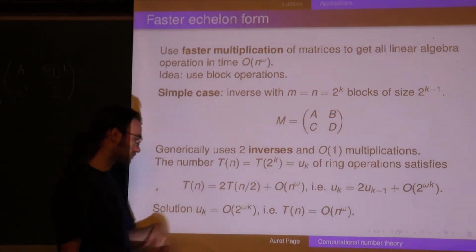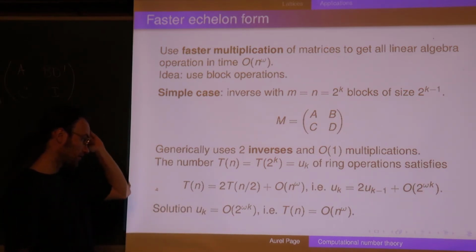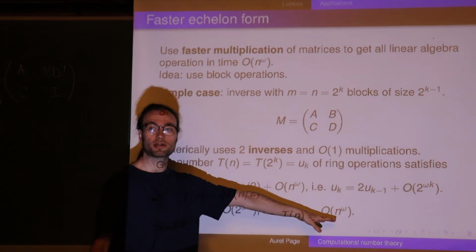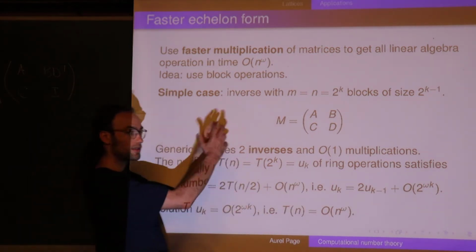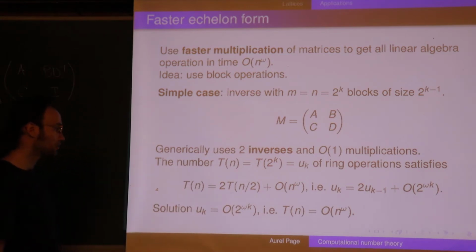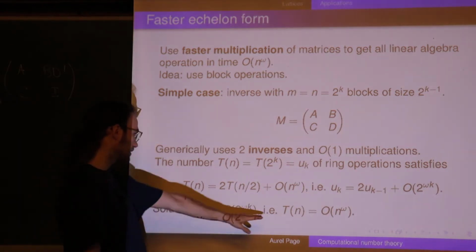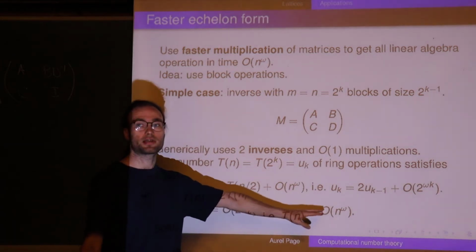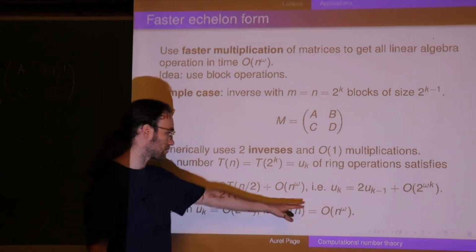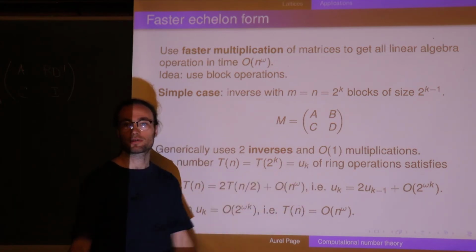And then if you solve this recurrence, you realize that the solution is also big O of n to the omega. So we've grouped sufficiently many operations together in matrix multiplications to achieve the same complexity. You can even count more precisely, asymptotically, to how many block multiplications it's equivalent, and I think it's maybe as fast as 3 multiplications or something like this.